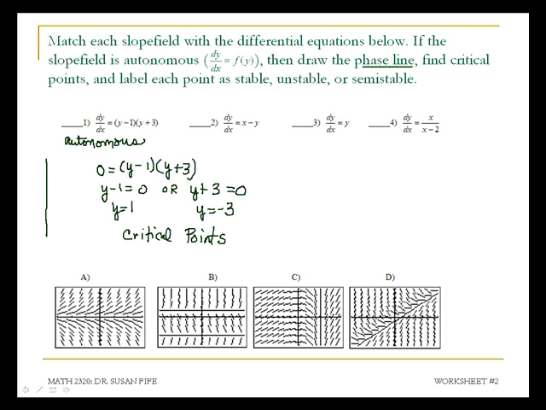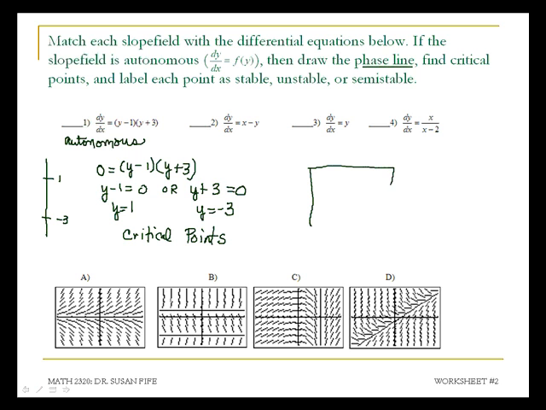And so I'm going to put them on my phase line, which is just the y-axis essentially. I'll put negative 3 down here, I'll put 1 up here, and at both of these points the slope is 0. I'm also going to draw a phase portrait similar to these 4 at the bottom.